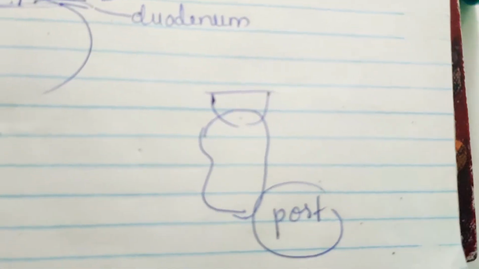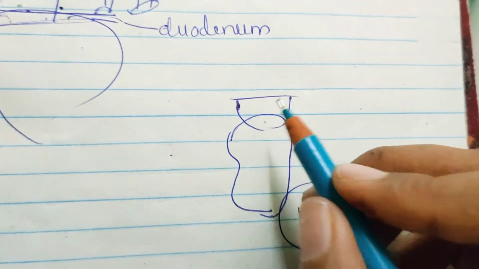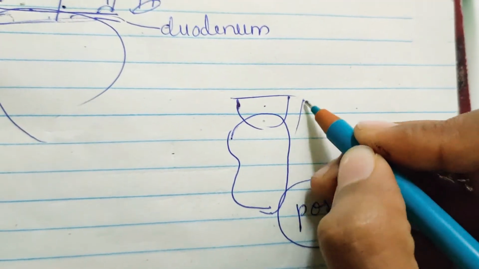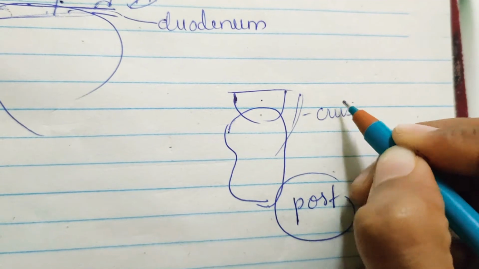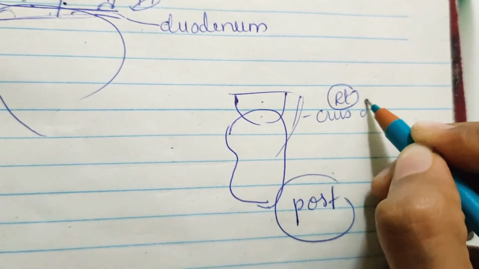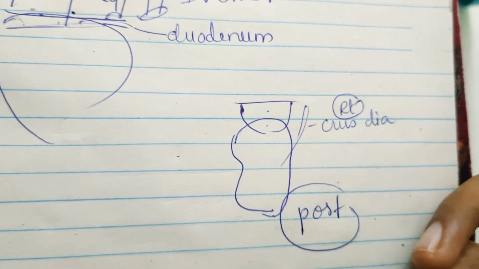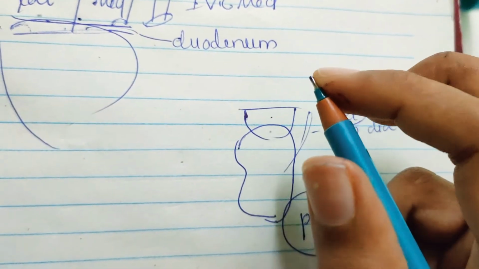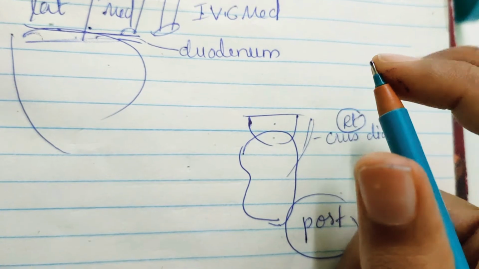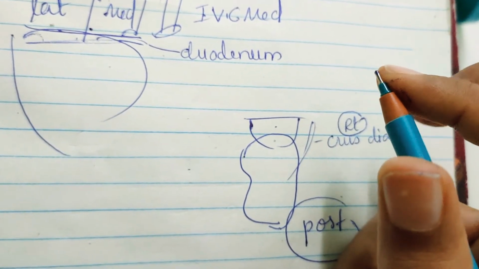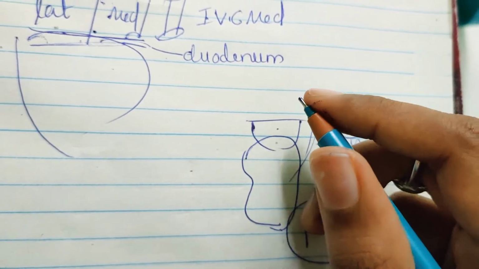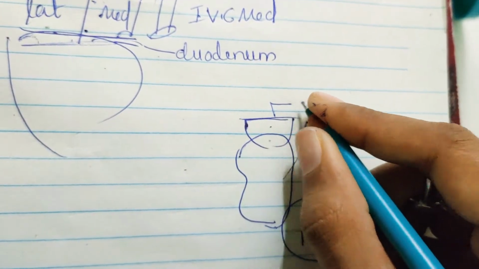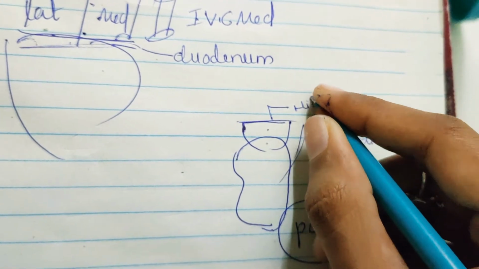Posteriorly it is related to the right crus of the diaphragm. In the anterior border there is a hilum where the suprarenal vein emerges.